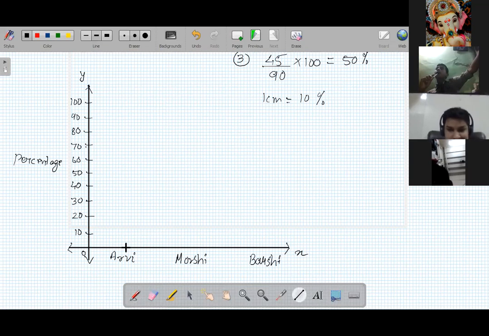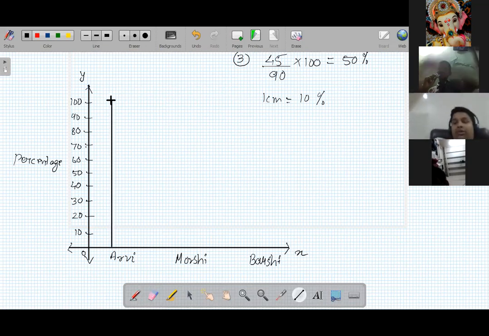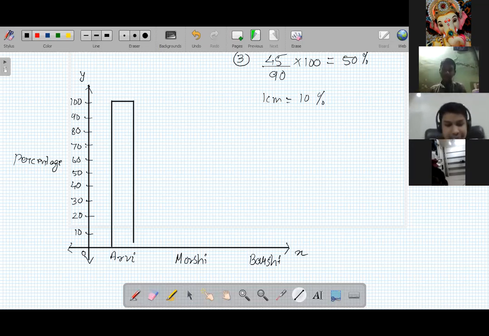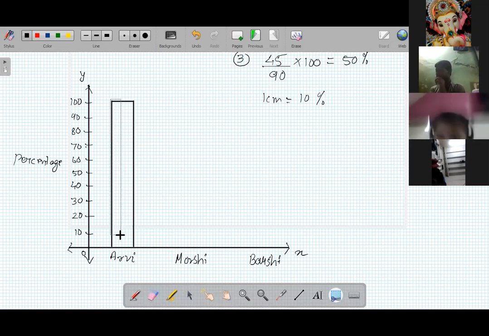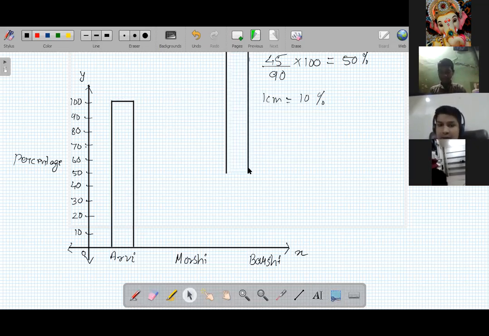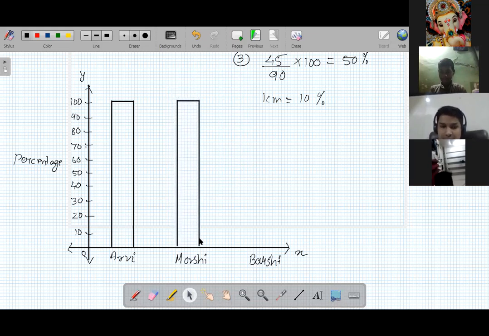Now draw all of these three bars up to 100. So first one up to 100. Second bar also you draw up to 100.